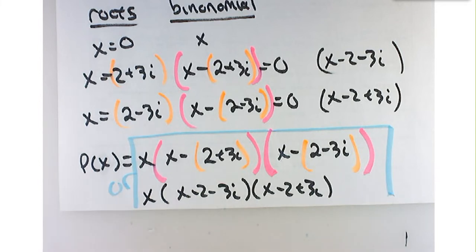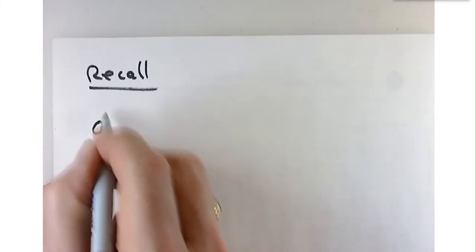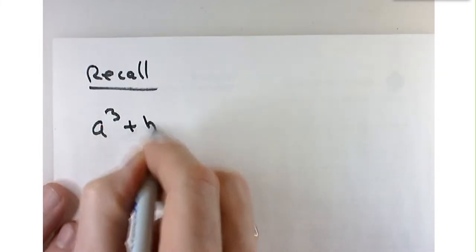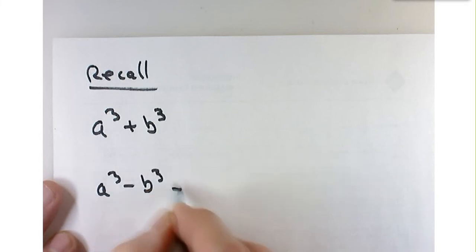Okay, so there's one last one that we got to take a look at, and I'm going to make short work of this. I am going to show you or remind you of a little trick. So before we do example C, I want you to recall a couple things, and that is if I had a cubed plus b cubed or a cubed minus b cubed.